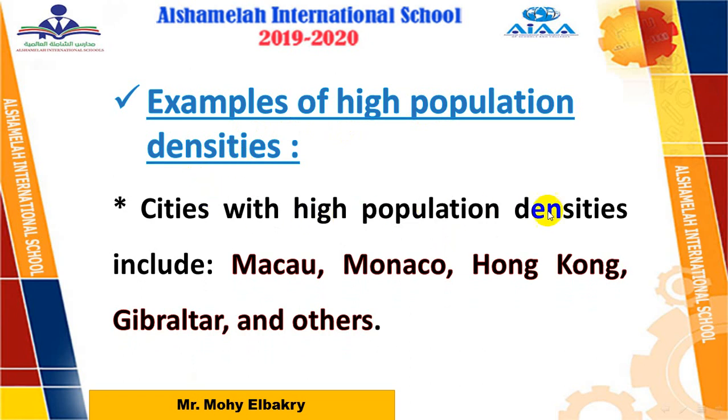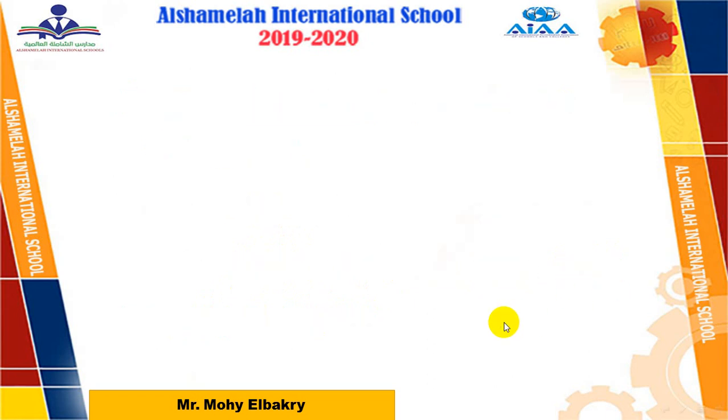Cities with high population density include: number 1, Macau, Monaco, Hong Kong, Gibraltar, and others. Here I mentioned only 4: Macau, Monaco, Hong Kong, and Gibraltar. So when I ask you for examples of cities with high population density, you are going to mention Macau, Monaco, Hong Kong, Gibraltar, and so on. Easy?